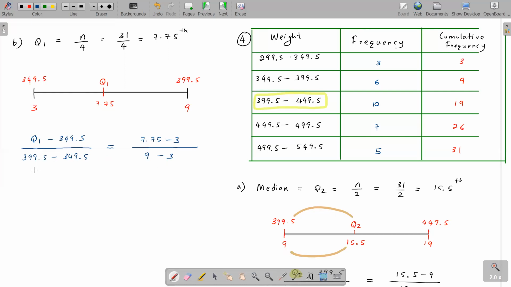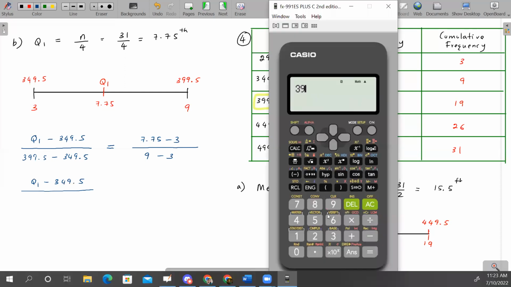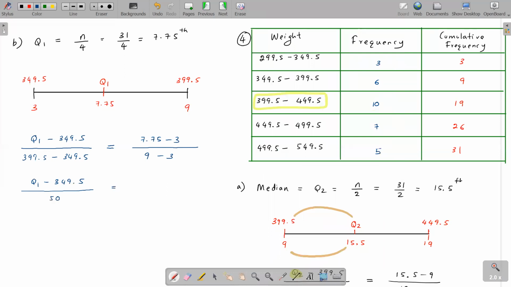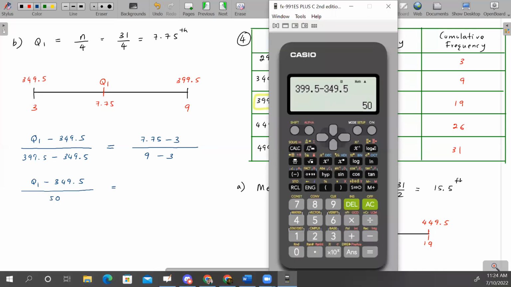Now let's type this: Q1 minus 349.5 over 399.5 minus 349.5. How much is it? 50, right? 50. And give this ratio, 7.75.